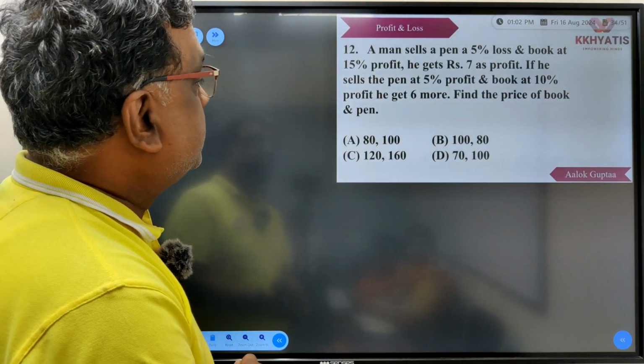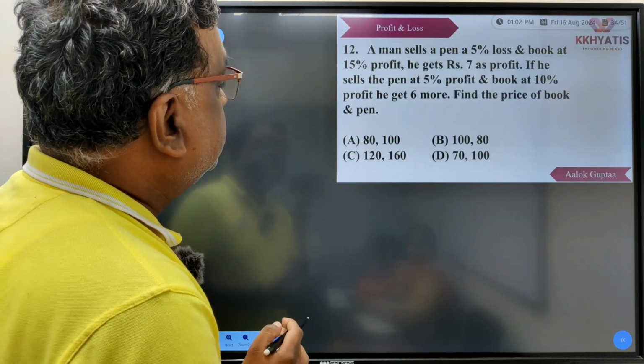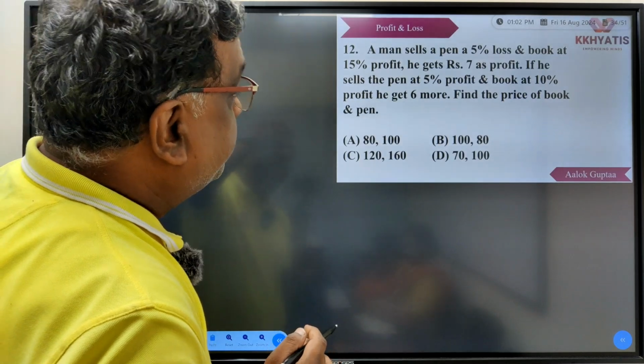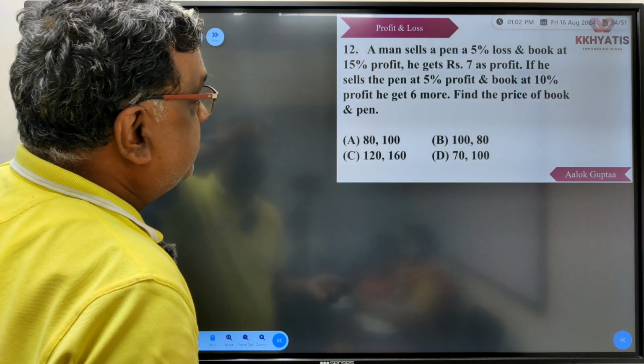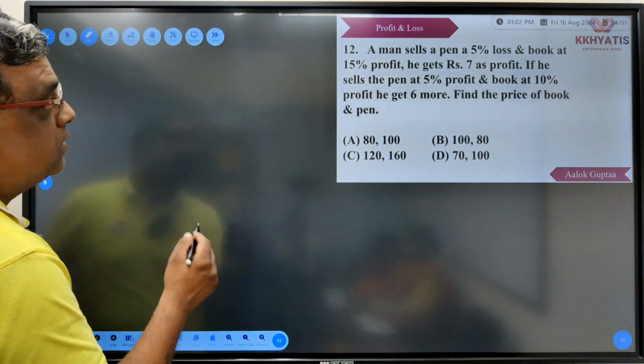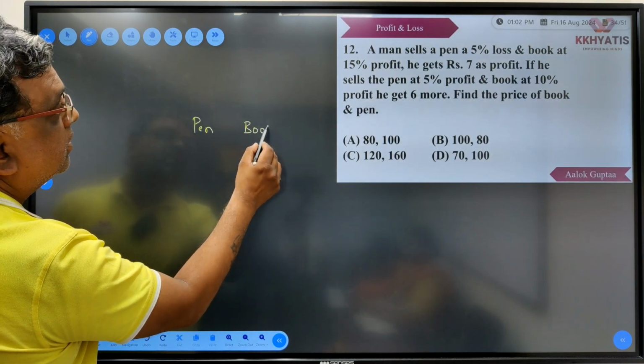A man sells a pen at 5% loss and a book at 15% profit, and he gets rupees 7. If he sells the pen at 5% profit and the book at 10% profit, he gets 6 more. So he's talking about a pen and he's talking about a book.